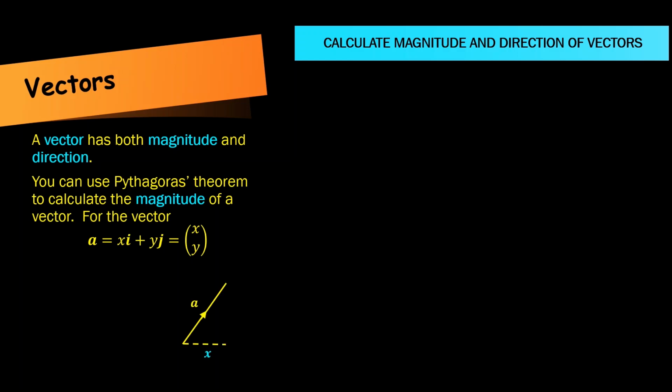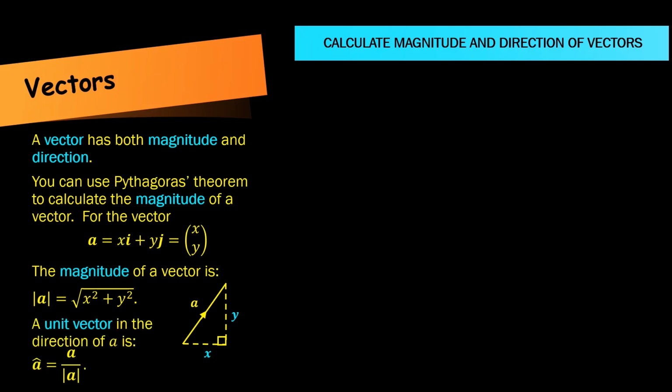So here's the x part of A, and here's the y part of A, and this becomes a right-angled triangle as shown. The magnitude of a vector is mod A equals the square root of x squared plus y squared. A unit vector in the direction of A is A hat equals A over mod A.